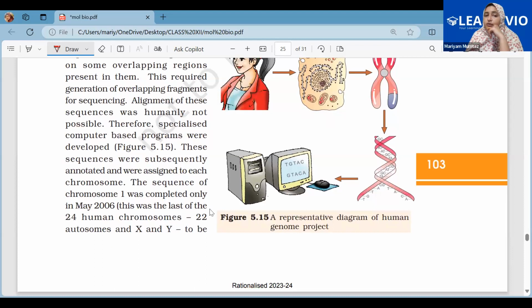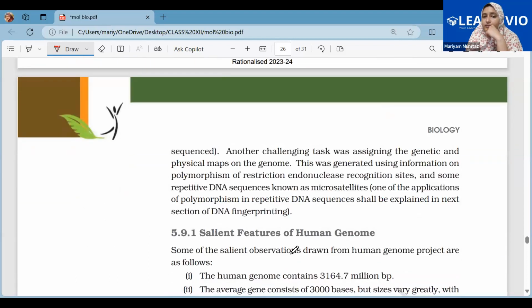Alignment of these sequences was humanly not possible. Therefore, specialized computer-based programs were developed. Now, these sequences were subsequently annotated and were assigned to each chromosome. The sequence of chromosome 1 was completed only in May 2006. This was the last of the 24 human chromosomes, 22 autosomes and X and Y, to be sequenced.